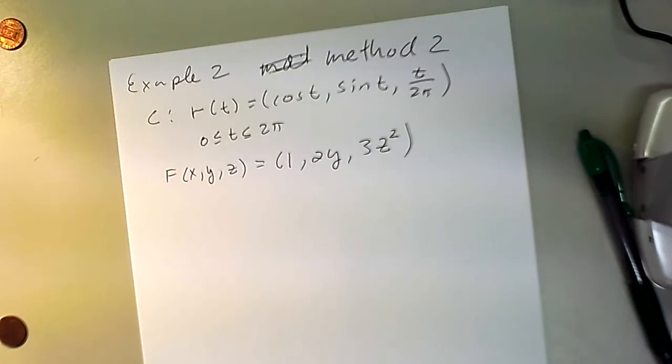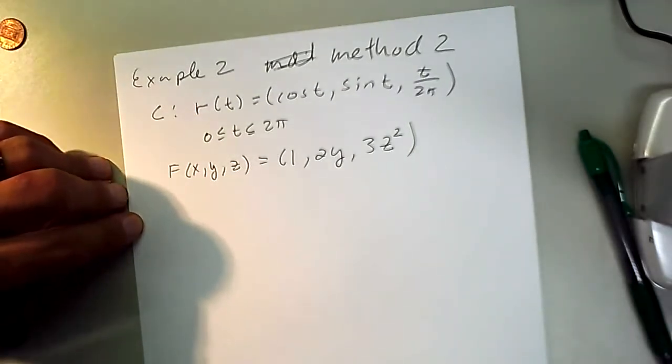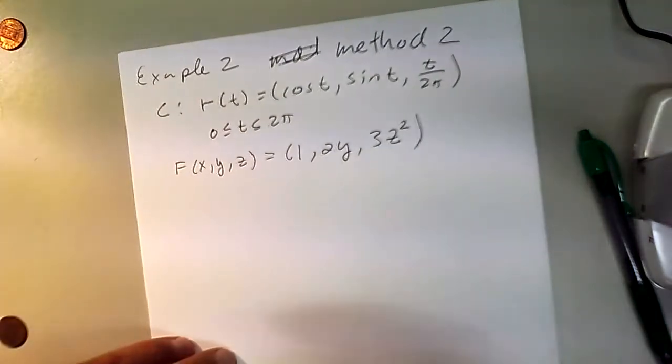Now, the fundamental theorem of line integrals implies we have to find an anti-gradient. Now, we could check, and I did not tell you how to check this, but it's kind of similar. Let's just try to find the anti-gradient.